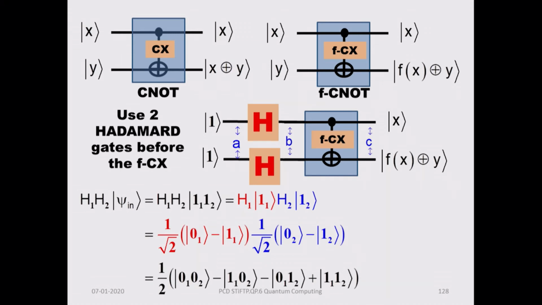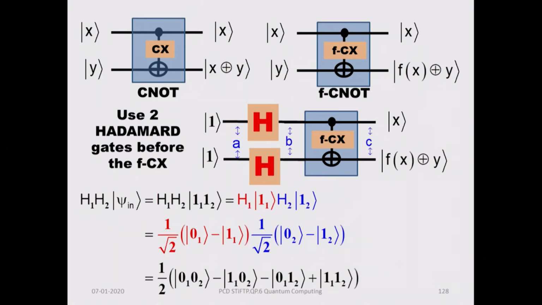H2 will operate on state 1 of the second qubit and H1 will operate on state 1 of the first qubit, and this will happen independently because these are not entangled. From the pure 1, you scramble them up and get a superposition 0 minus 1 in both the operations. And now you have a direct product of these 2 states.